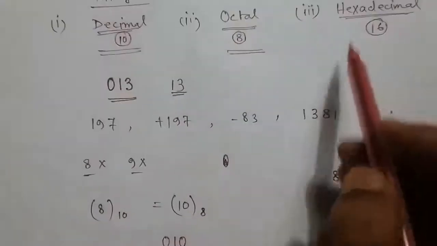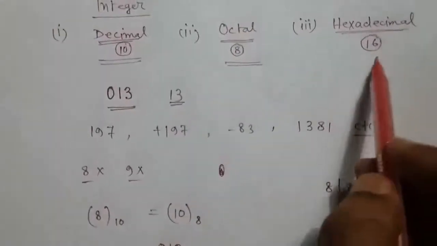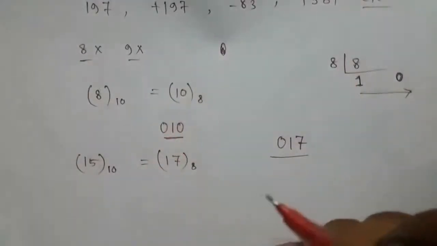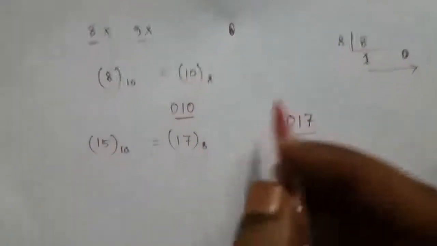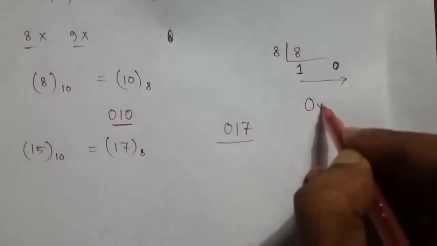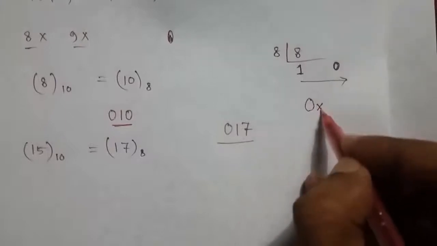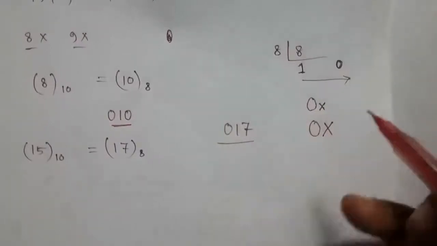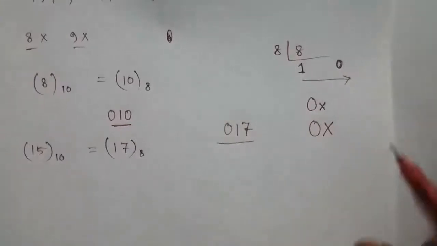And now the hexadecimal number. The hexadecimal number system base is 16. The definition is a sequence of digits preceded by 0x, 0 small x or 0 capital X, is taken to be a hexadecimal integer.